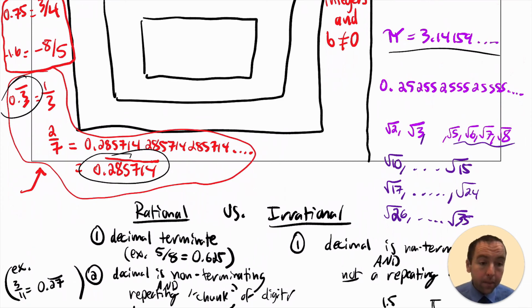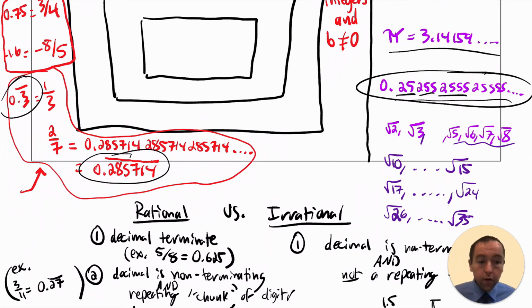It's just very random. Now, here, it looked like there was a pattern, but it didn't actually repeat the same sequence of digits over and over and over, because it was like 25 and then 255 and 2555, right? So it turns out that for this number, there is no fraction that you can write to equal it at all. So it's an irrational number.